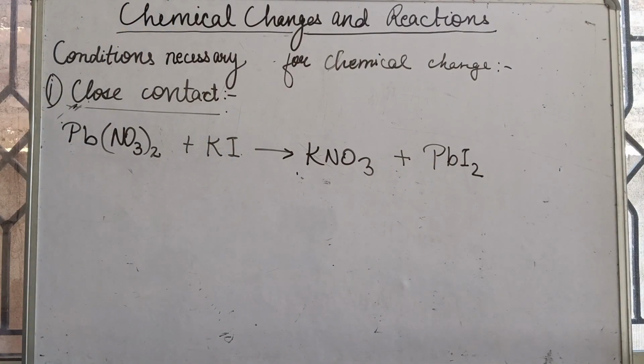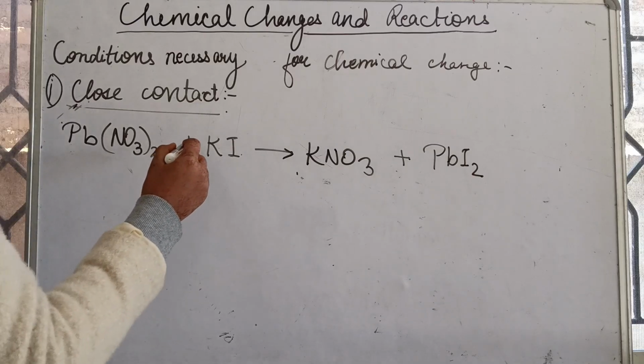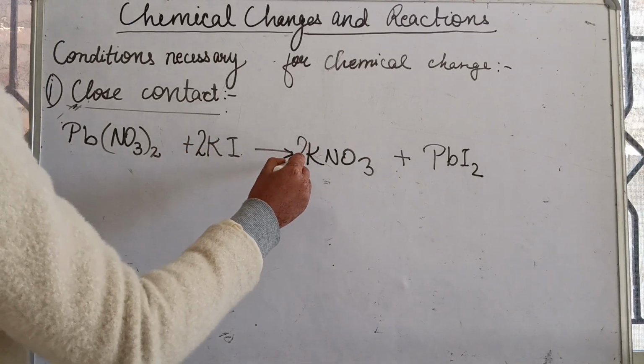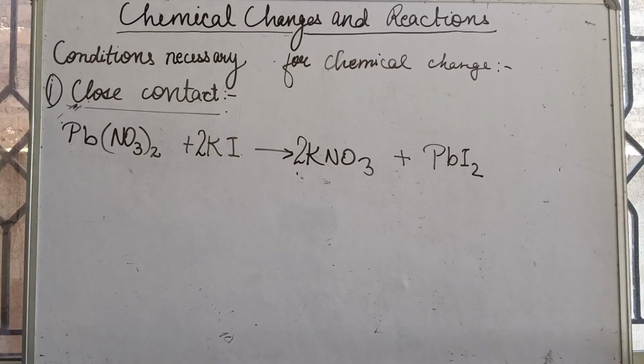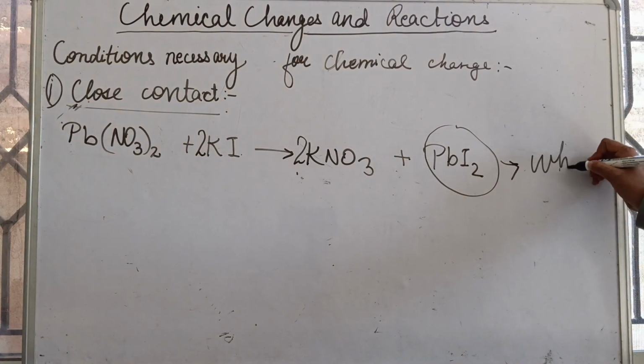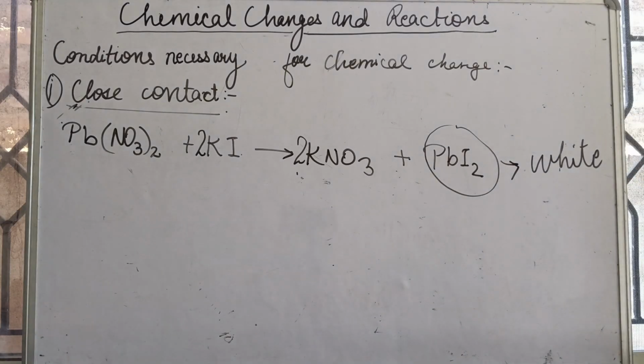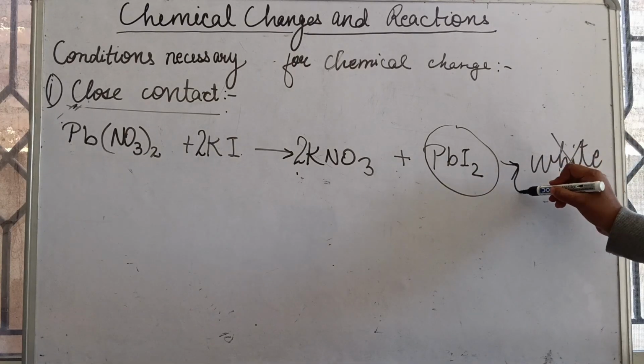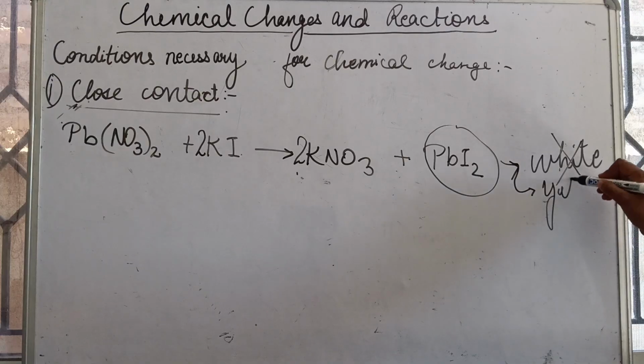Now let us balance it. Here 2, here 2. Balanced? Yes. Now what is it forming? Potassium nitrate and lead iodide. Now this lead iodide will be in white color. White or yellow? Yellow color.